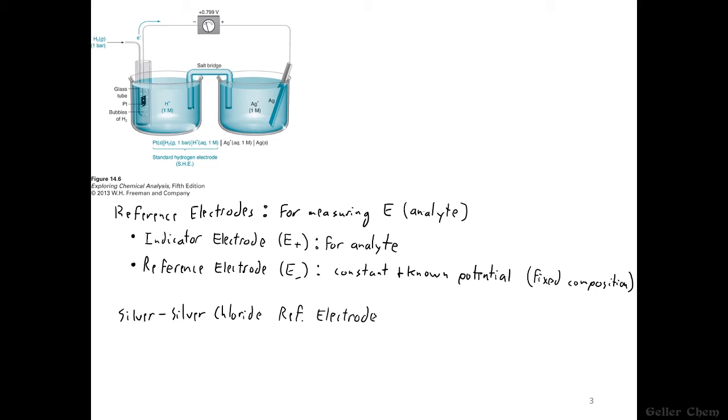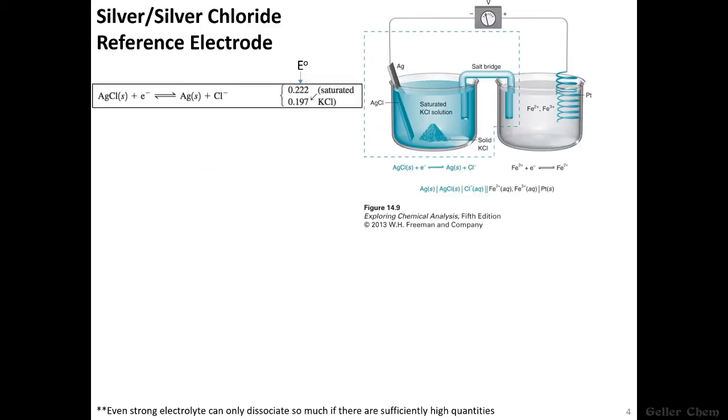And for now, we'll just say that it's more convenient than the SHE. So first I'm going to show you what it is, and then we'll make some more notes about it.